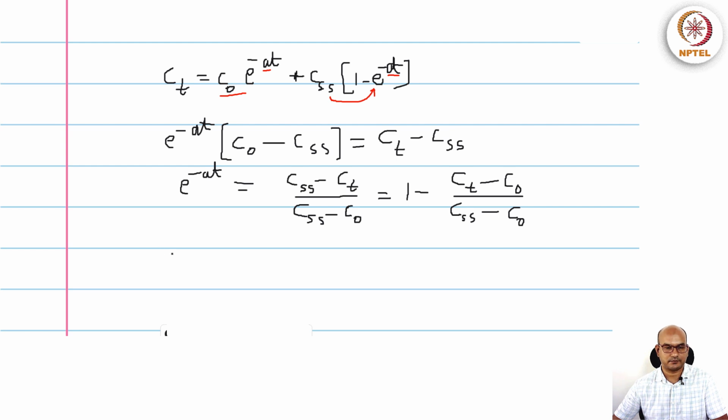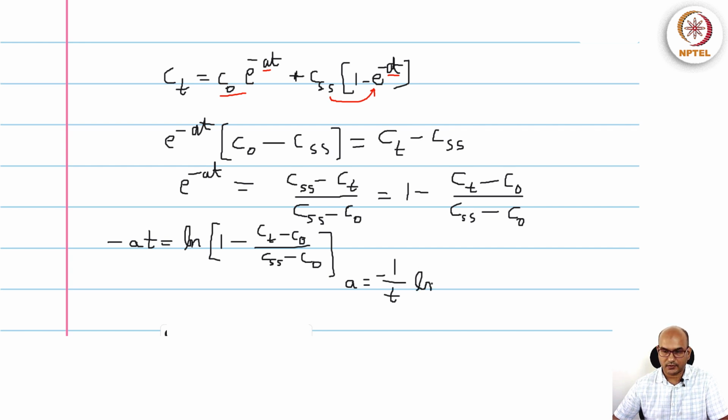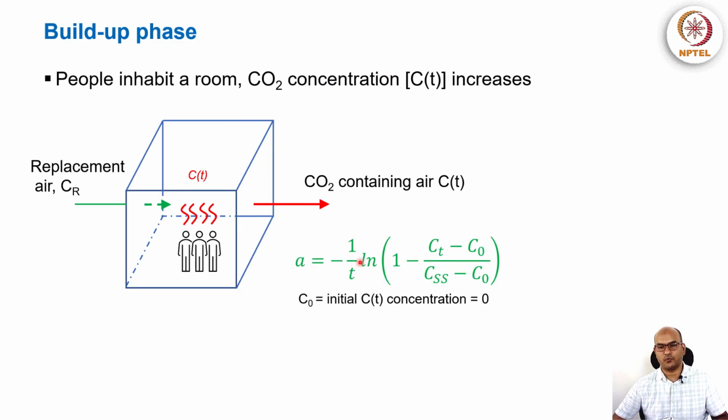We will have minus At is equal to ln of (1 minus (Ct minus C0) divided by (Css minus C0)), or A is equal to minus 1 by t ln of (1 minus (Ct minus C0) divided by (Css minus C0)), and this is the derivation that we set out to obtain.